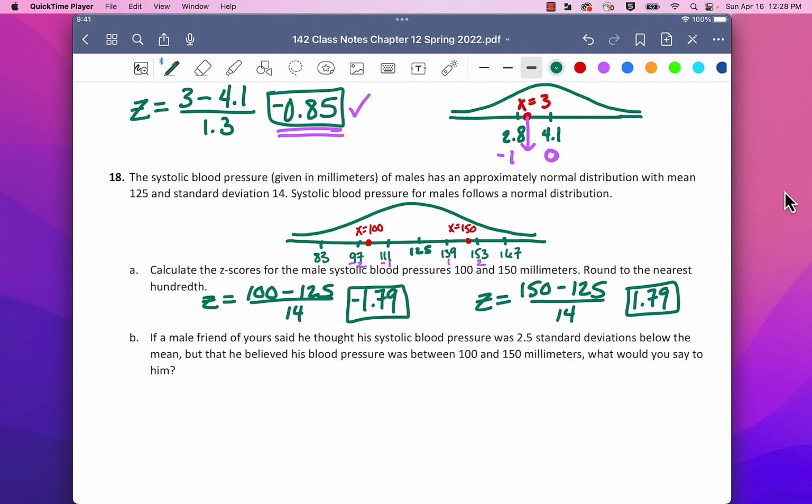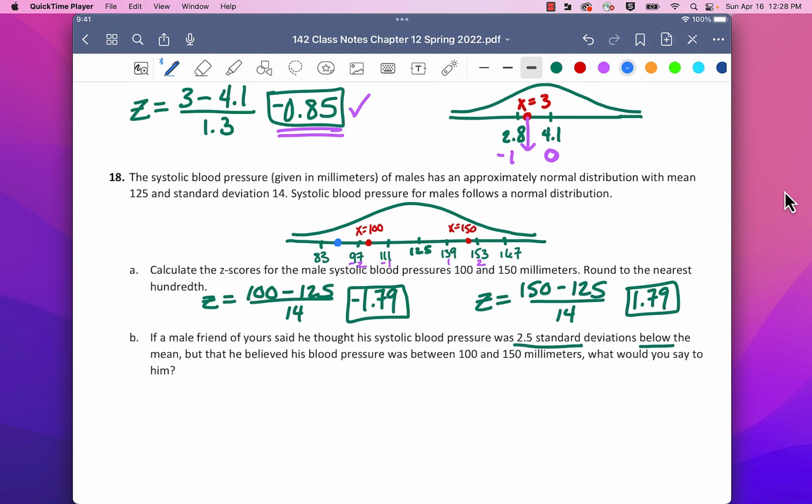The last part just asks us to think about this and analyze it a little bit. If a male friend of yours said he thought his systolic blood pressure was 2.5 standard deviations below the mean, so below the mean, let's think about where that would be. Going to the left, 2 standard deviations below is at 97, so somewhere like that.